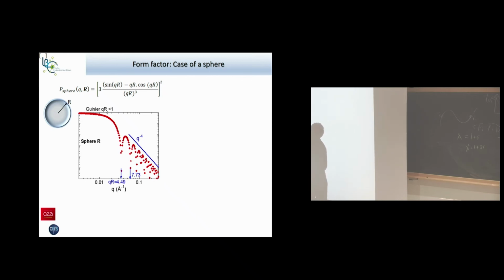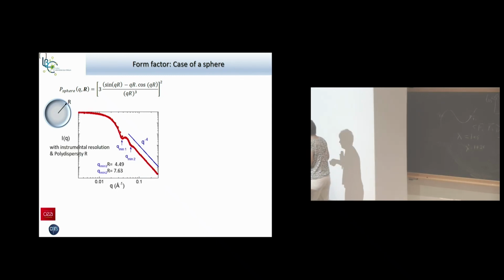So you can calculate very easily at which QR value this function goes to 0. And as it is sine and cosine, there are several values of QR for which the scattering intensity, the form factor, goes to 0. So anyway, generally we have things like that.